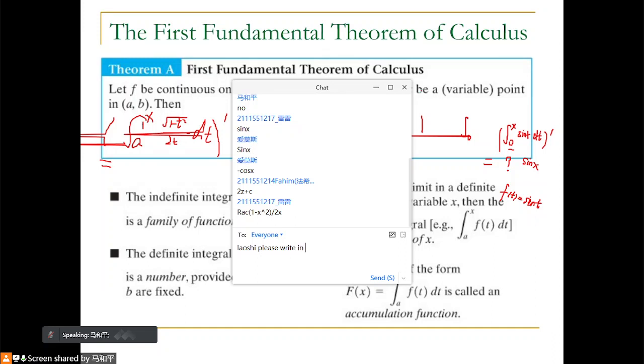We just replace t by x. It is the square root of 1 minus x squared over 2x, right? So this is the right answer.